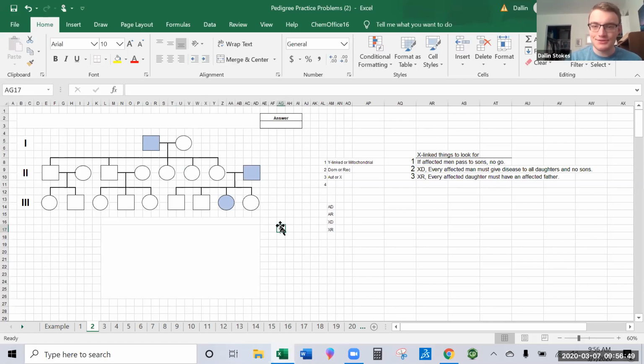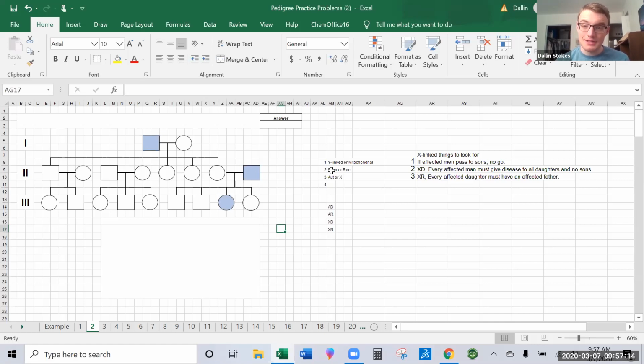So in this case, it's possible to be a dominant one, but very unlikely, because what are the odds that a man, even if he's heterozygous, would have 6 children and with a 50-50 chance flip tails every time? And it can't be X dominant, but we'll get to that in a sec.